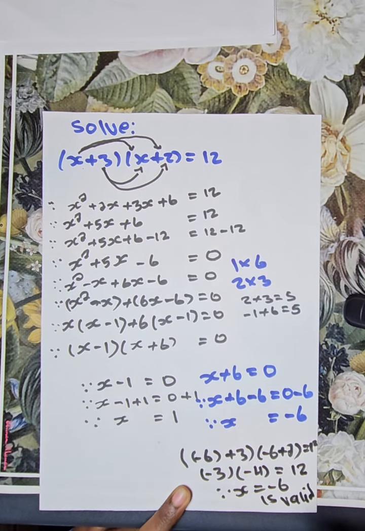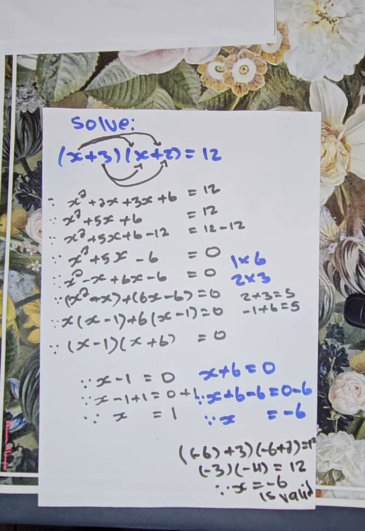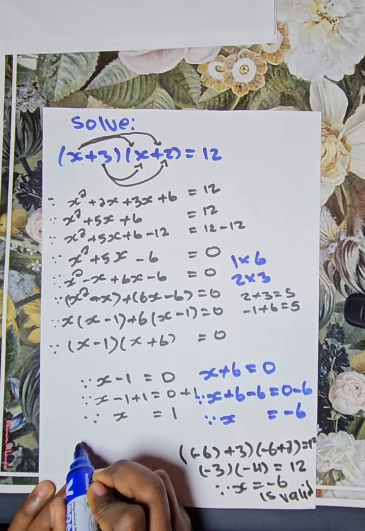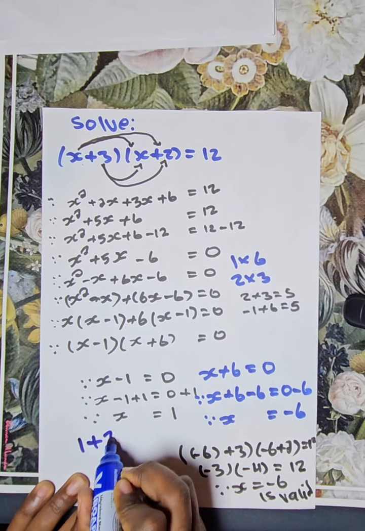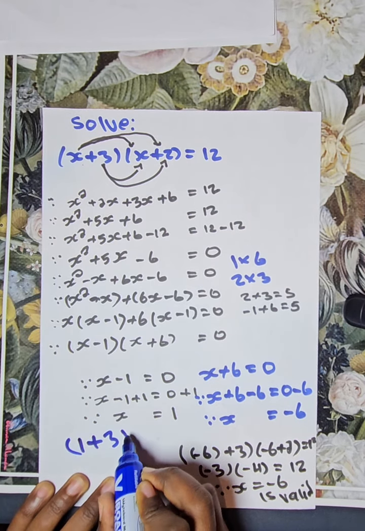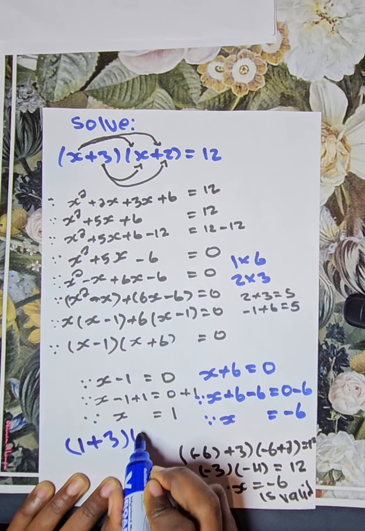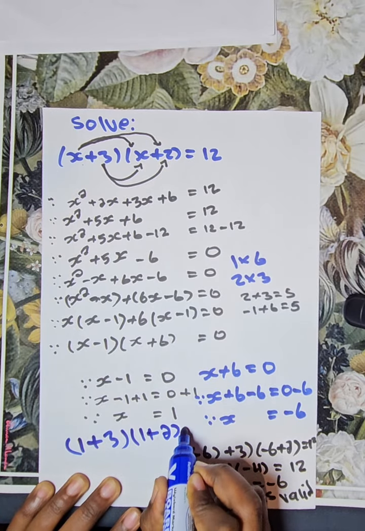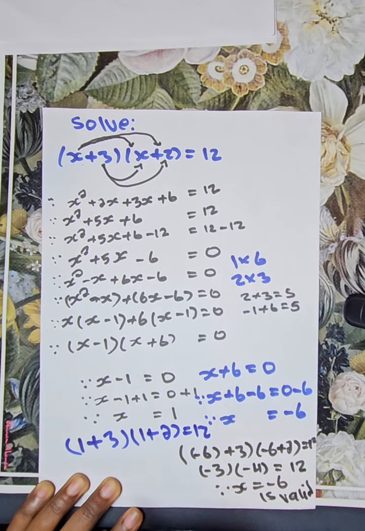Well done. Now, let's check our other solution, which was x equals 1. Let's substitute this one: 1 plus 3 times 1 plus 2 must give me an answer of 12.